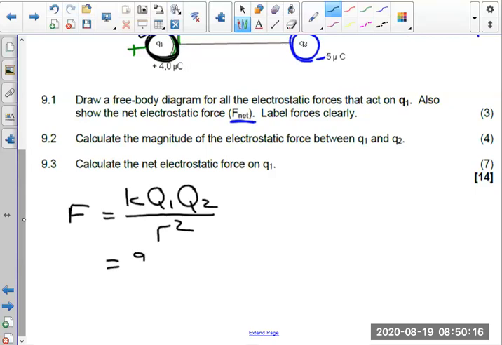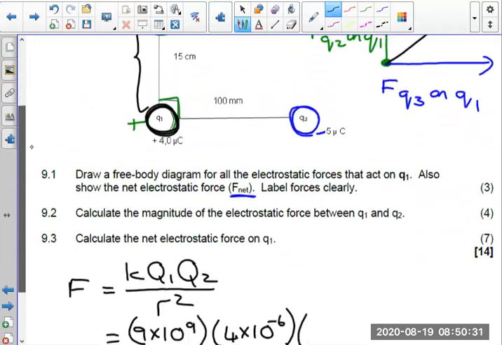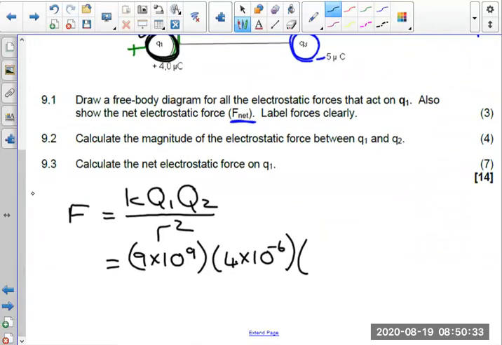K is 9 times 10 to the power of 9. Q1 is 4 times 10 to the power of minus 6. And Q2 is going to be 6. And remember, we don't fill in the negative. 6 times 10 to the power of minus 6.